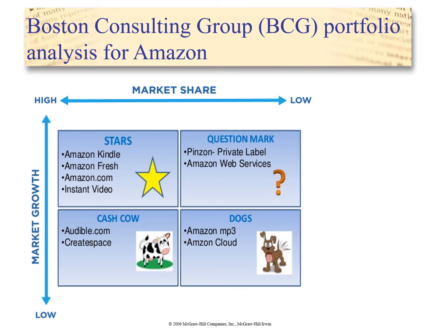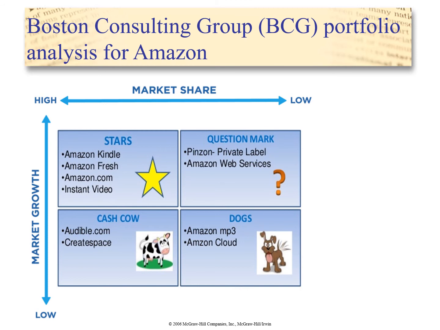Then we can look at Amazon's stars, which are Kindle, Amazon Fresh, Amazon.com, and Instant Video. All of these are Amazon stars. Next, we have cash cows for Amazon. We have Audible.com, which sells digital audio books. So that's Audible. That's in a low growth potential area right now.